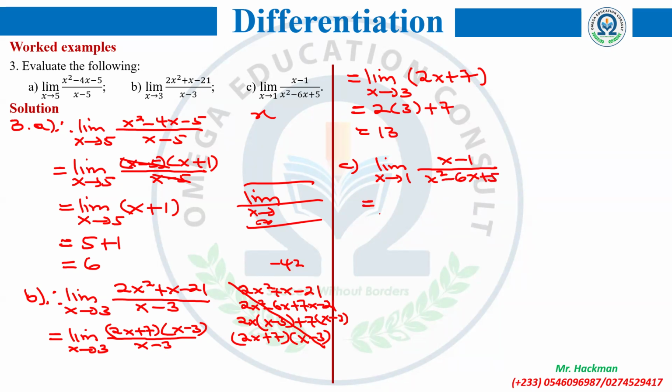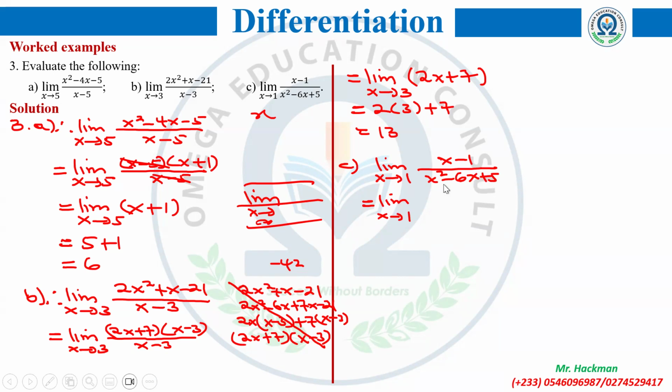So I write the limit as x approaches 1. Let's see. I didn't even test before, right? Maybe direct substitution will be allowed. If direct substitution will be allowed, then there wouldn't be a limit step. So let's see. If direct substitution is allowed, the denominator, x is 1. So 1 squared, which is 1, minus 6 times 1, so minus 6, then plus 5, which will give us 0.